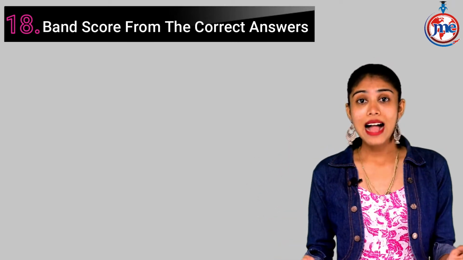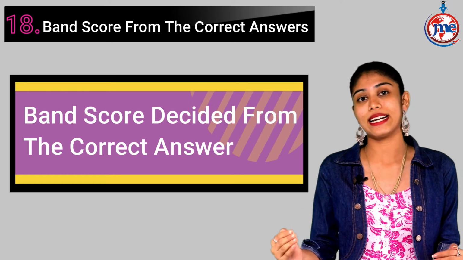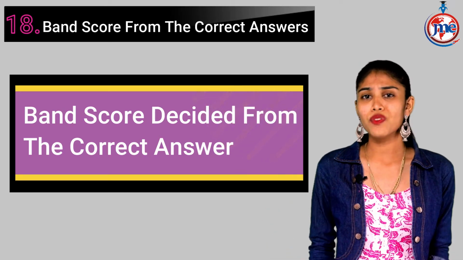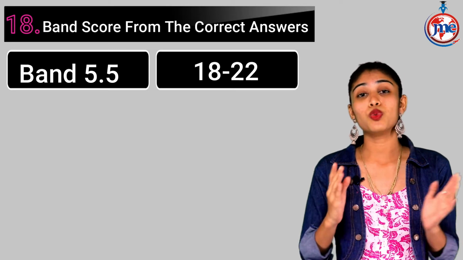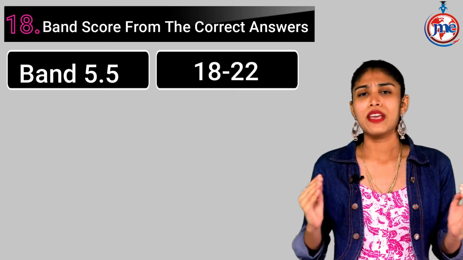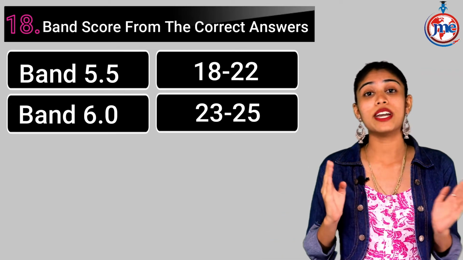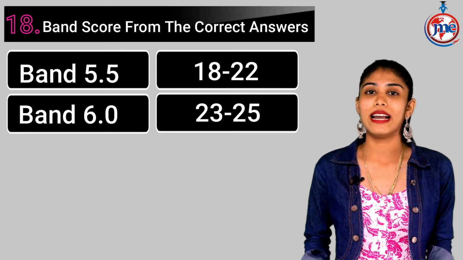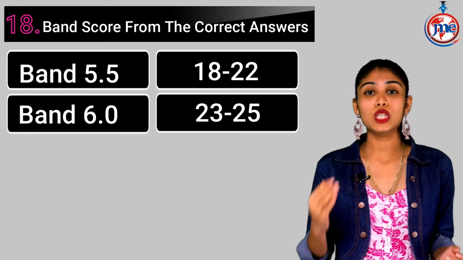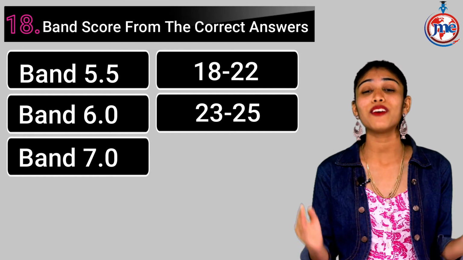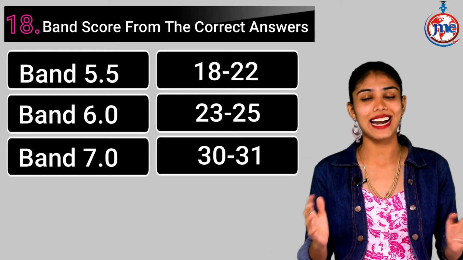Now, let's see point number 18, which is about band score from the correct answers. Students, in your IELTS, band scores are decided from your number of correct answers. Let's say if you want 5.5, then your answers 18 to 22 should be correct. If you want 6 band, then 23 to 25 answers should be correct. And students, if you want to score 7 bands, then you have to answer 30 to 31 questions correctly.